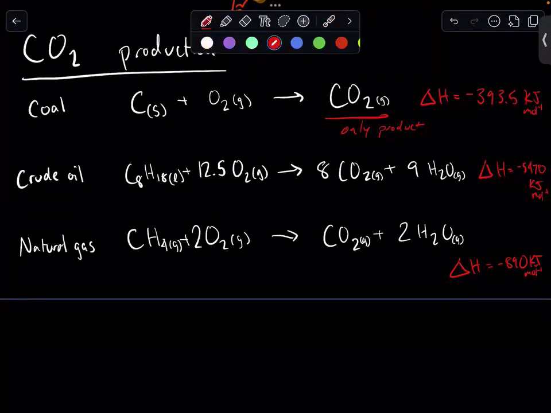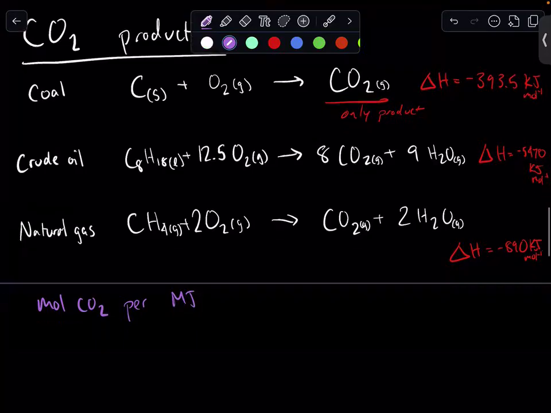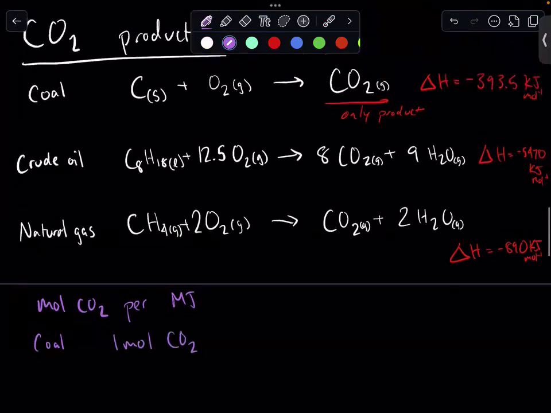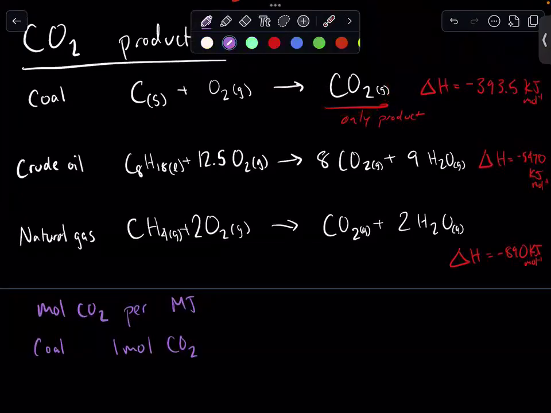So we can take these and do a little fun math with it, which is where we can calculate the moles of CO2 per megajoule. So how many moles of CO2 do we make per megajoule that we get out of it? We're using megajoules to keep our values relatively low. So when we look at coal, we get 1 mole of CO2, because we only produce 1 mole of CO2.